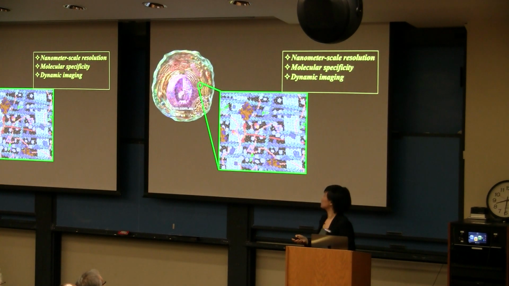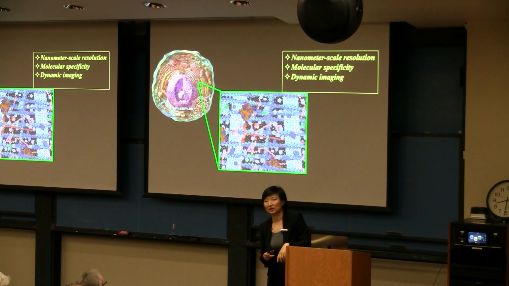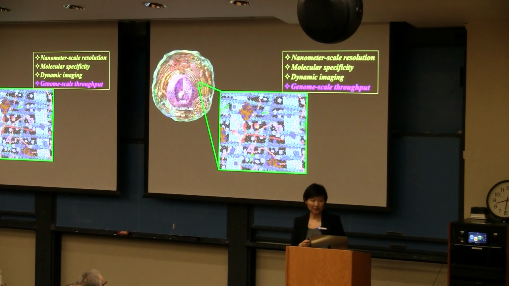So in addition to these wonderful molecular scale properties, molecular specificity, and dynamic imaging capability, it would be really wonderful to also have another property of imaging, and that is the whole genomic scale imaging. And that would give us sort of a systems view or genomic view of how the cell functions and so on.